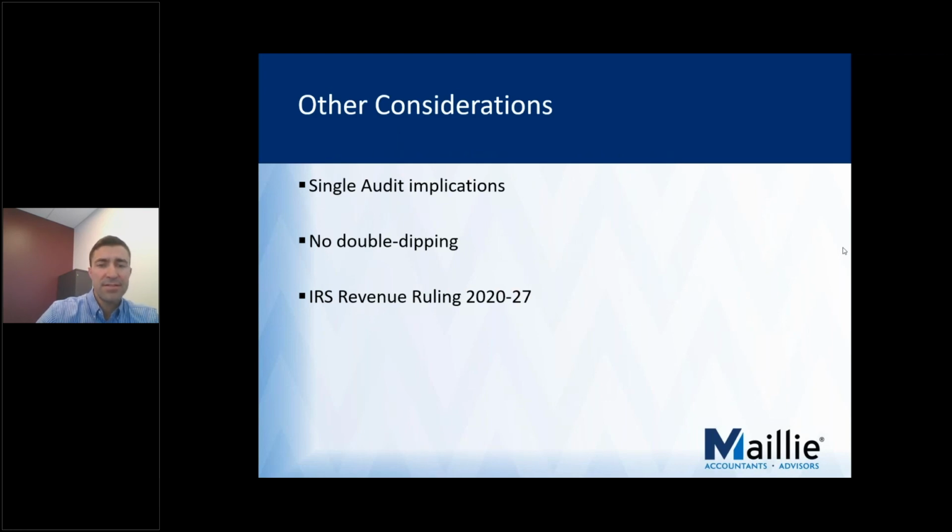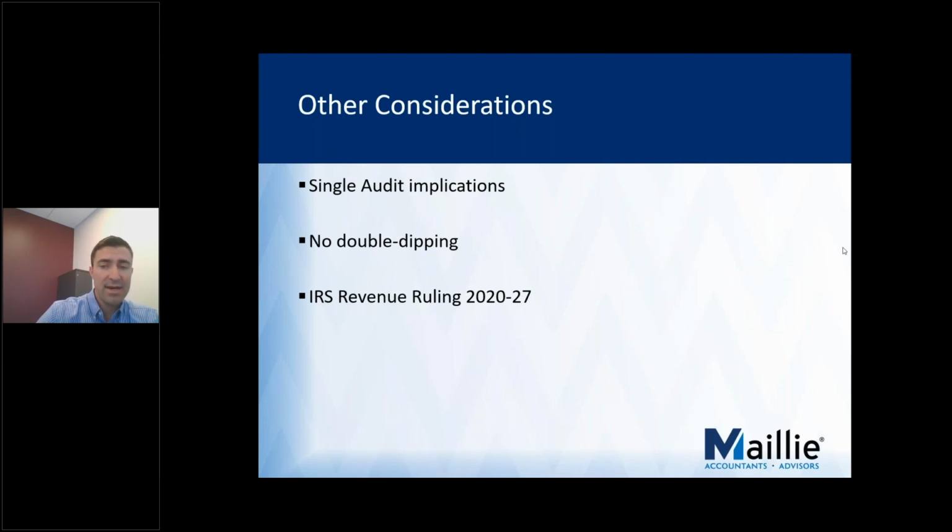A couple of final considerations here. The PPP loans are not subject to single audit implications. So quick background, if a non-federal entity expends $750,000 or more of federal awards in a fiscal year, they would be subject to a single audit.